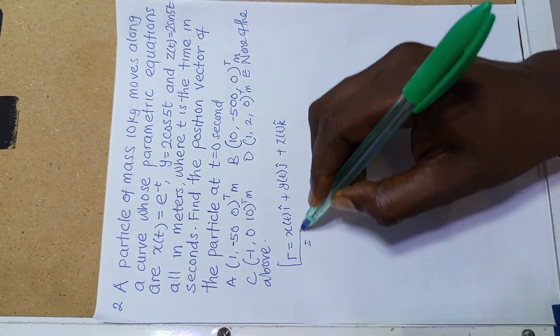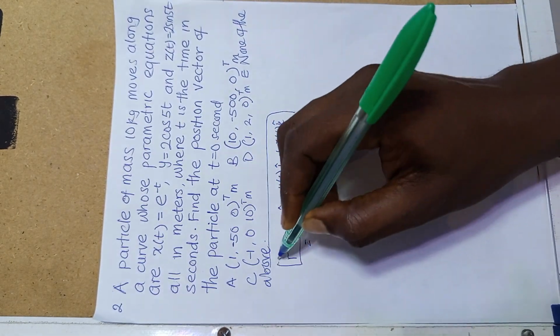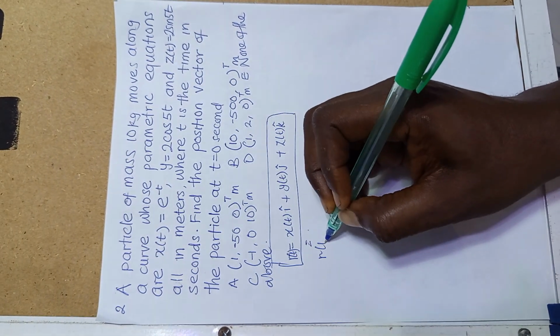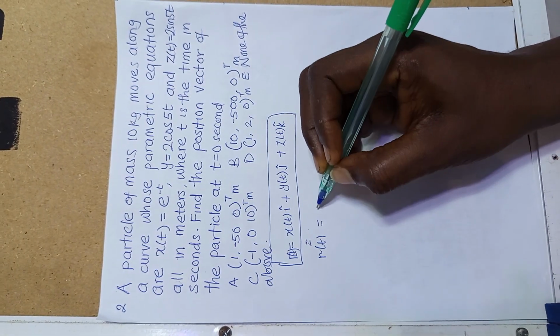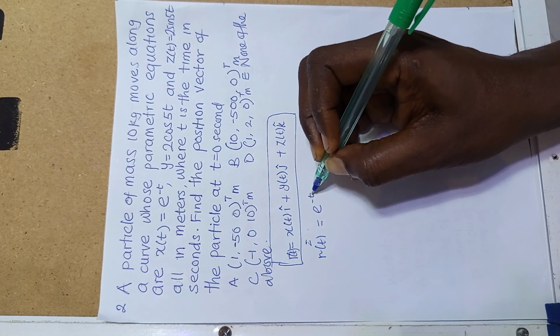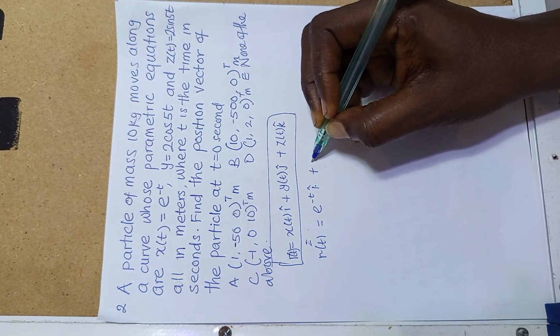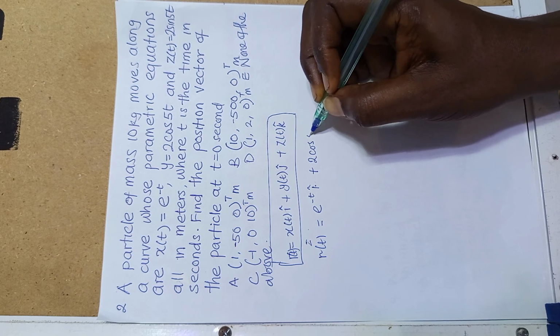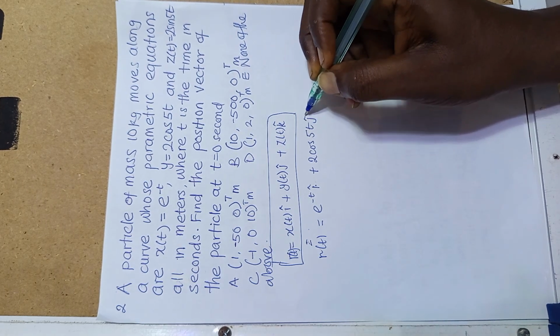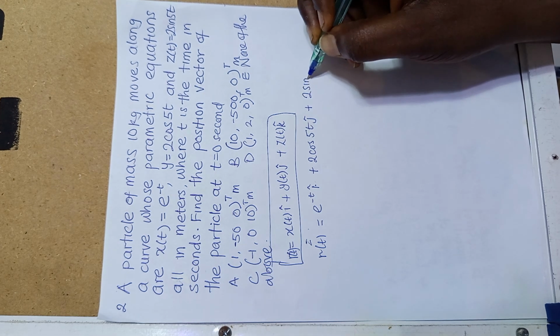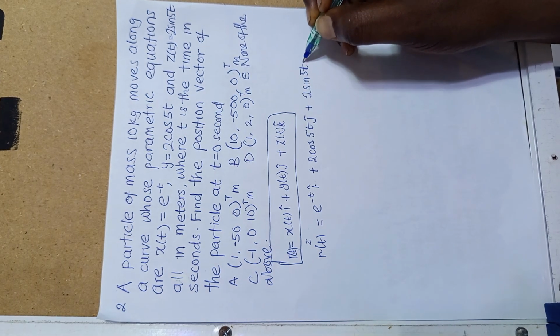So this is a formula for what? The position vector is r of T. So r of T now becomes S of T, which is e raised to power minus T i, plus Y of T, which is 2 cos 5T j, plus Z of T, which is 2 sin 5T k.